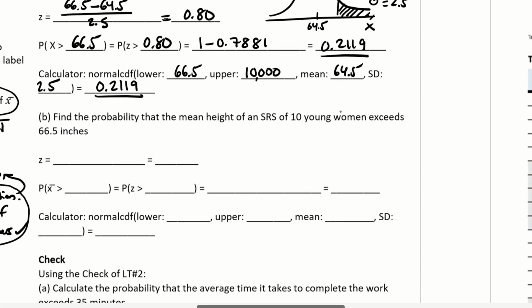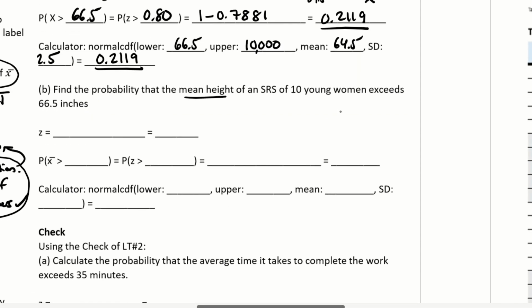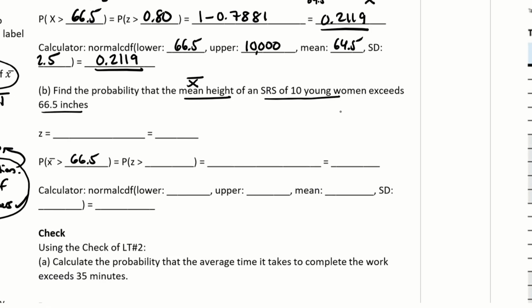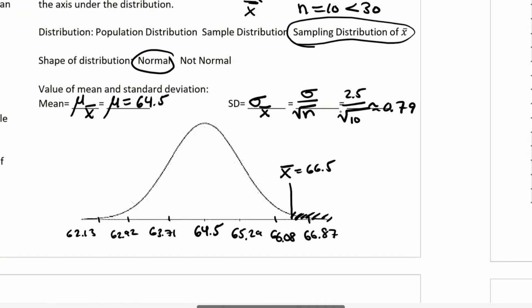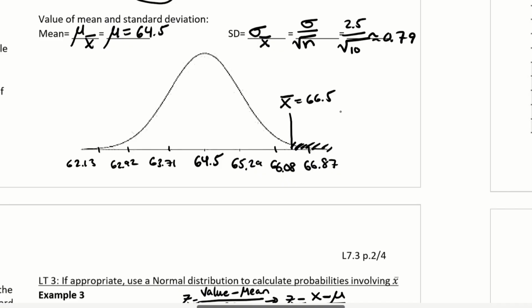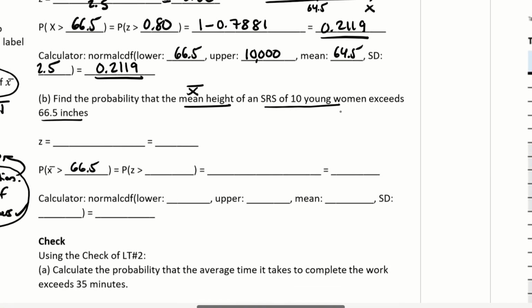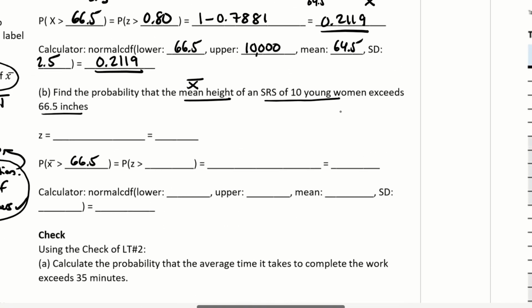Right, so part B: find the probability that the mean height of a random sample of 10 young women exceeds 66.5 inches. So we want the probability that x bar is greater than 66.5. Mean is x bar, and we did use that distribution. We established that it was a bell curve like this.